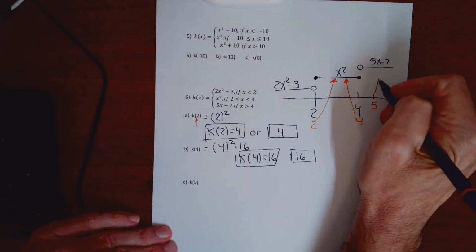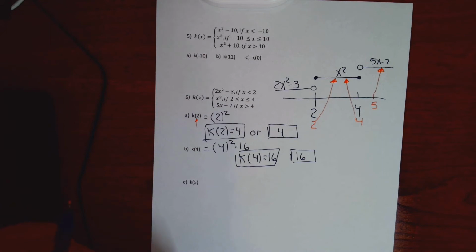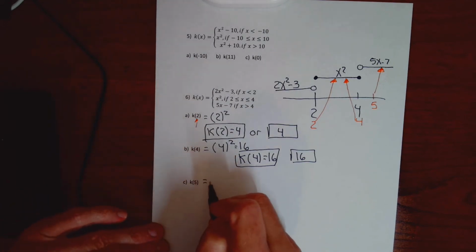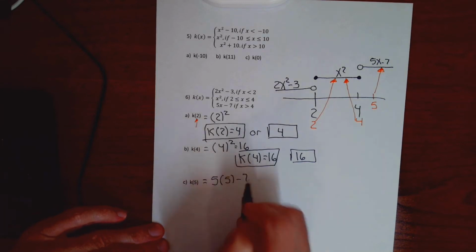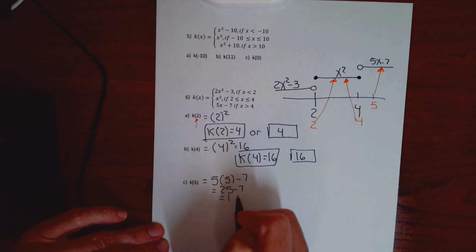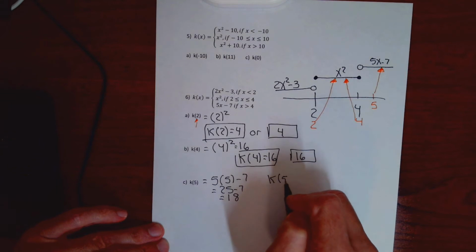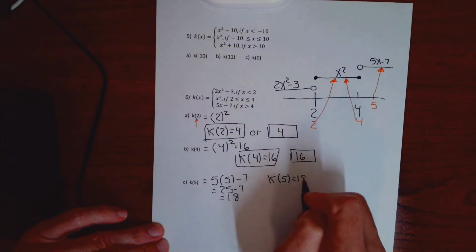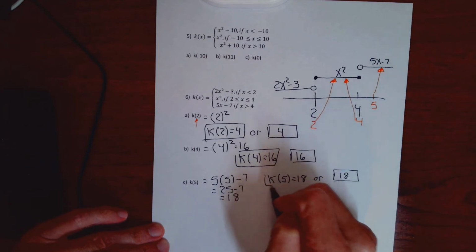Clearly, I'm going to plug into 5x minus 7 because that's the function that I use for numbers that are greater than 4. So k of 5 equals 5 times 5 minus 7, which is going to be 25 minus 7, which is going to be 18. So for an answer, I can say k of 5 equals 18, or I can just write the number 18, and I'm completely content with that.